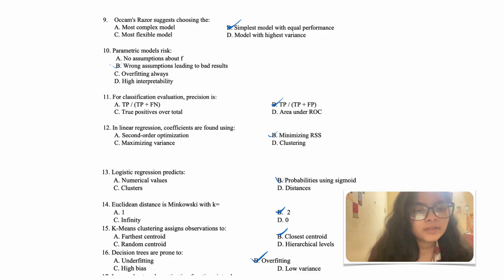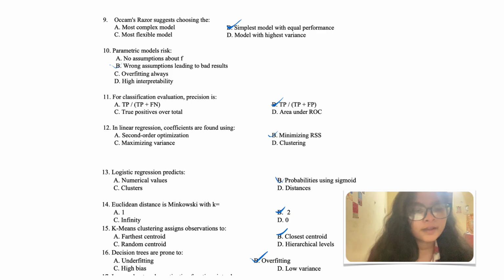Parametric models risk wrong assumptions leading to bad results. This is because parametric models assume a function, form or shape and work on that. But if those assumptions go wrong, it can lead to bad results.